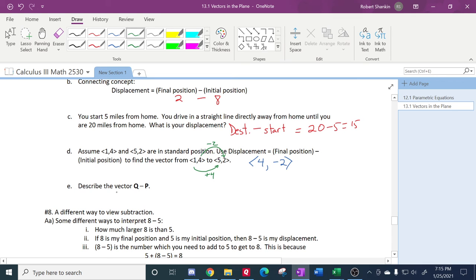And what do you have for part E? We think the vector we're looking at is from the tip of P to the tip of Q, because that's destination minus, or final position minus start position.